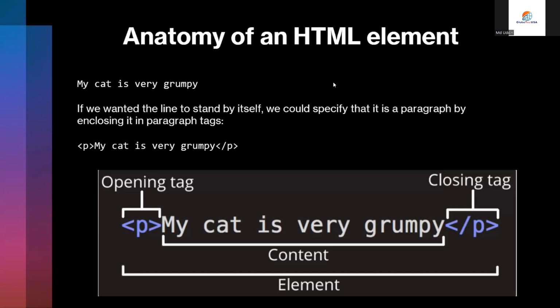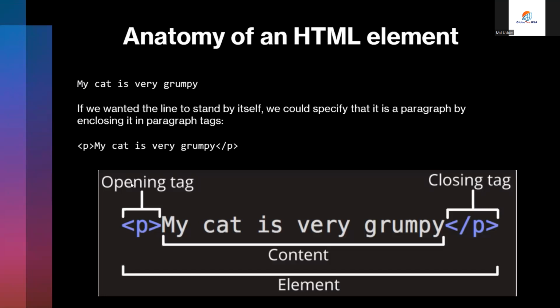So, the anatomy of an HTML element. Here, my cat is very grumpy, right? If we wanted a line to stand by itself, we could specify that it is a paragraph by enclosing it in paragraph tags. So if we want to see this standalone, we can do it with P, which means defining it as a paragraph.